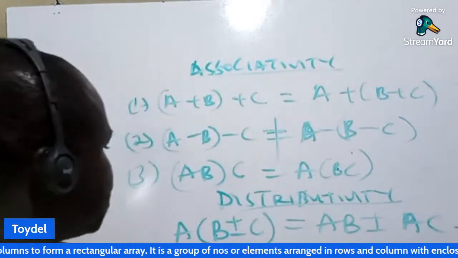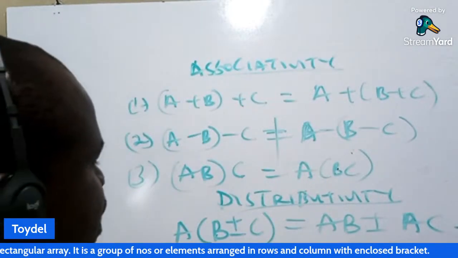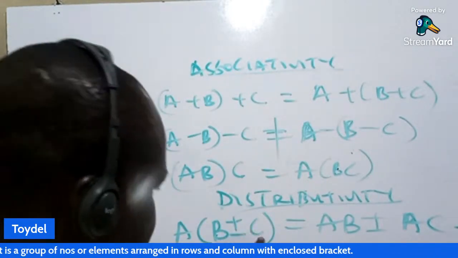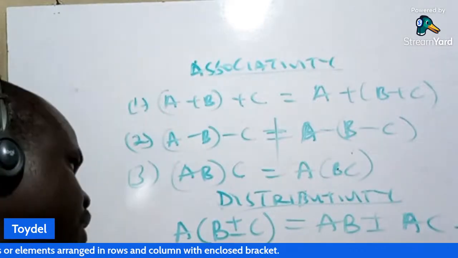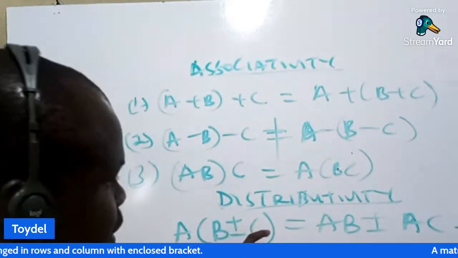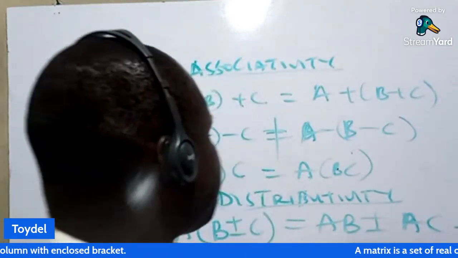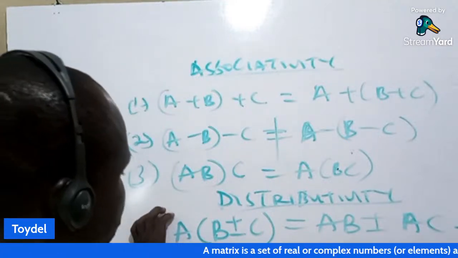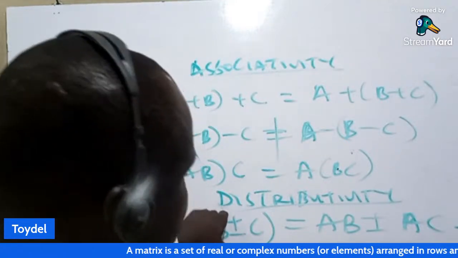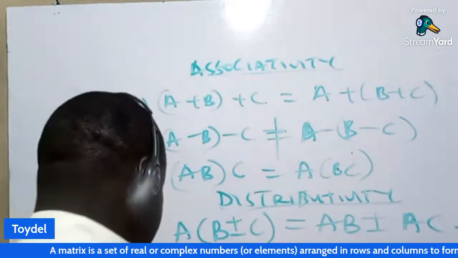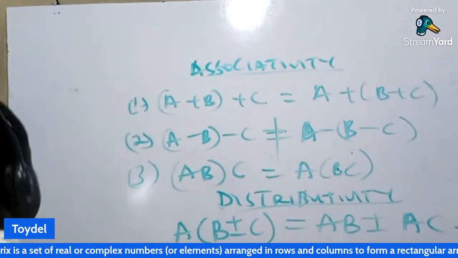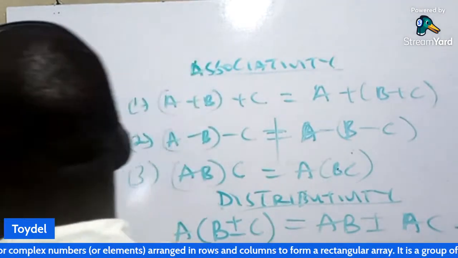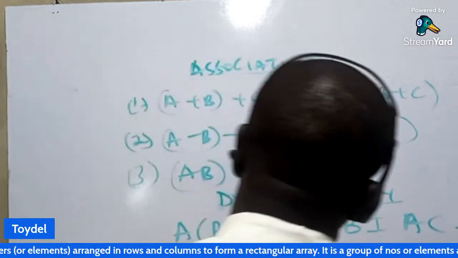This is what we are saying: if you first add B plus C, or subtract C from B, and then use A to multiply, we get this. That simply means that under matrix operations, multiplication distributes over addition and subtraction. That is just the simple interpretation when we consider matrices and algebraic laws.